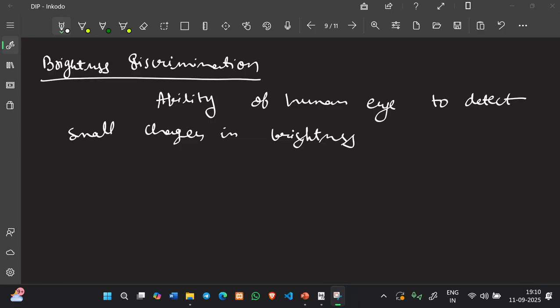So moving further, the next one is the implication in digital image processing. Let me write it down: implication in digital image processing.